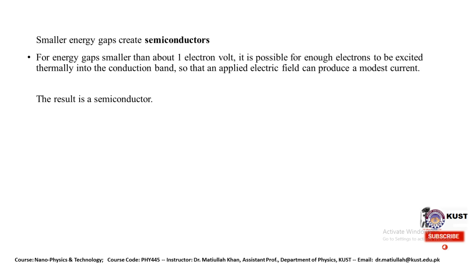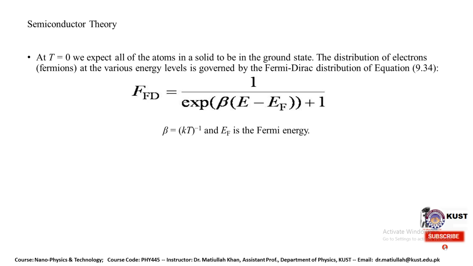There is a smaller energy gap between the valence and conduction band in the case of semiconductors. For energy gaps smaller than about 1 electron volt, it is possible for electrons to be thermally excited into the conduction band, so that an applied electric field can produce a modest current. So these are the semiconductors.